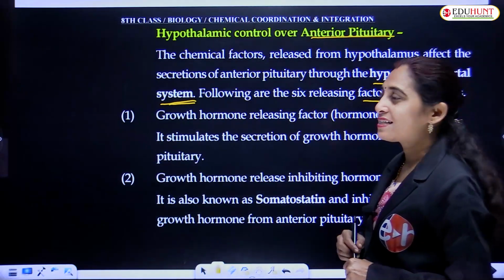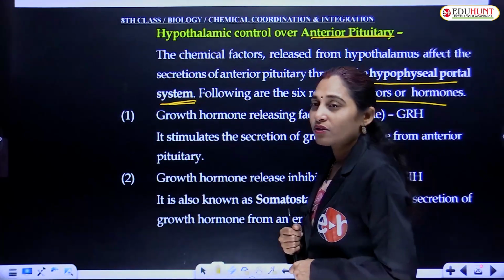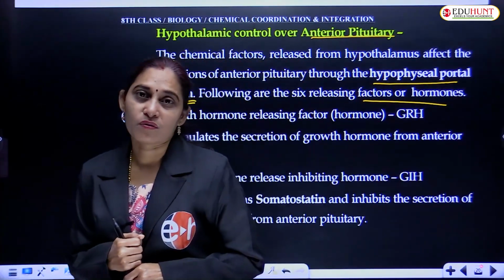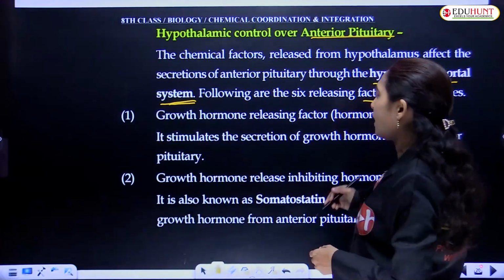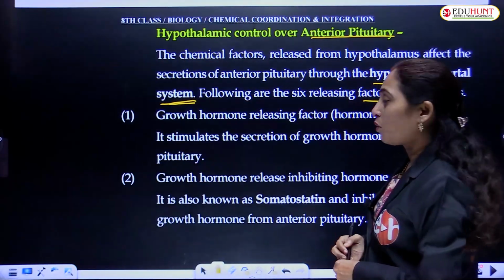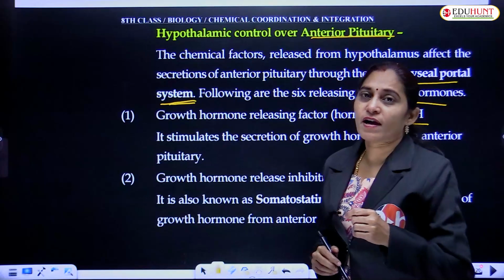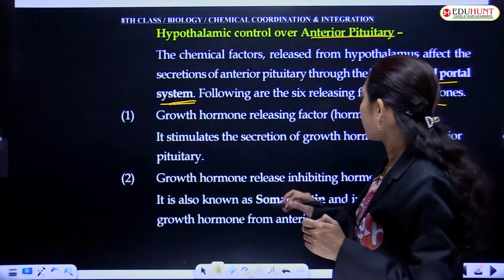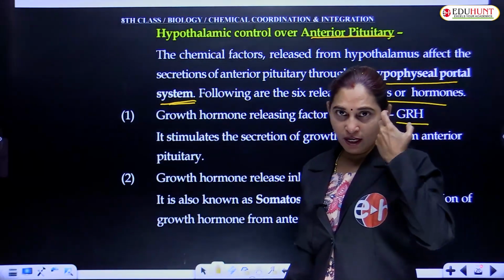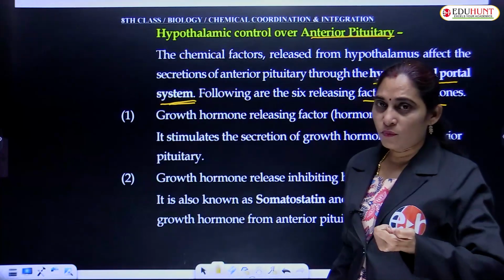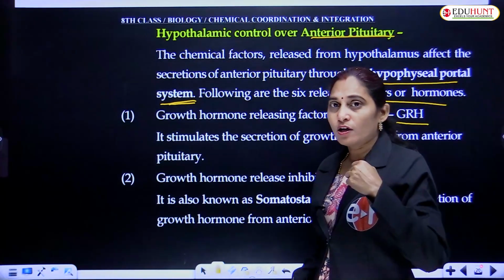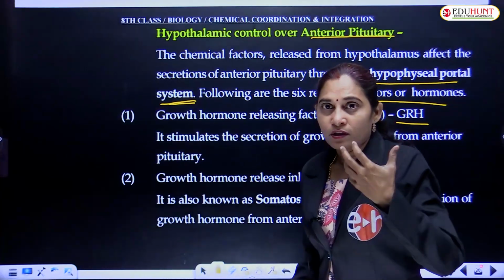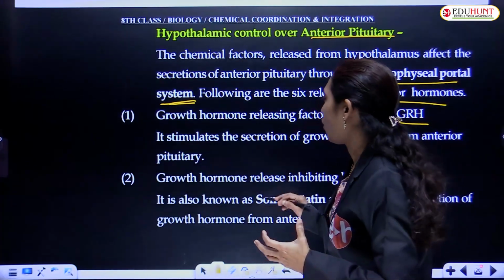Growth hormone releasing factor. It is not the growth hormone. Growth hormone releasing factor, that is GRH, is one factor that stimulates the release of growth hormone, and growth hormone inhibiting factor is another that inhibits the release of growth hormone.